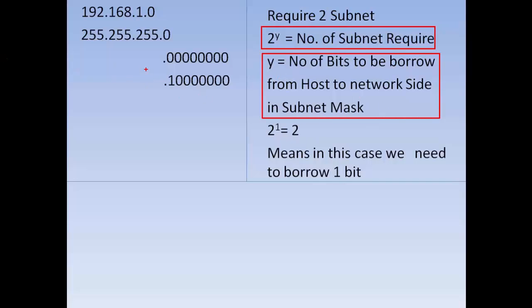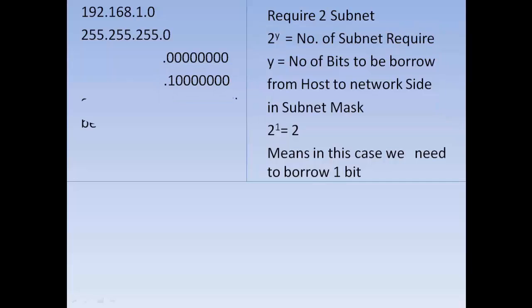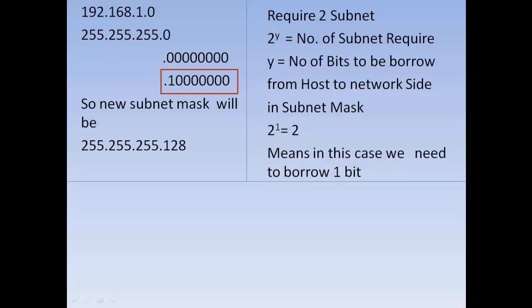So when I borrow 1 bit, what will be the new subnet mask? The new subnet mask will be 255.255.255.128. When I convert this particular binary number to the decimal number system, it will become 128.